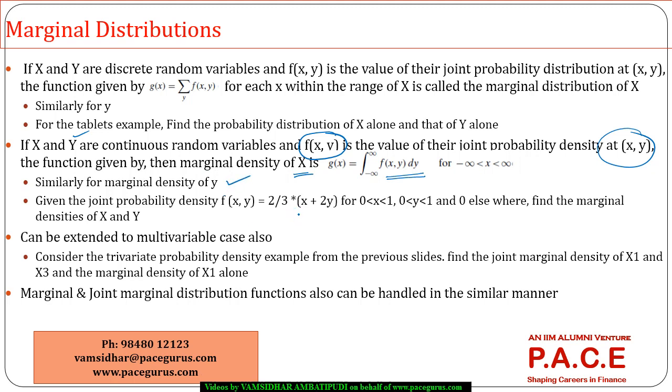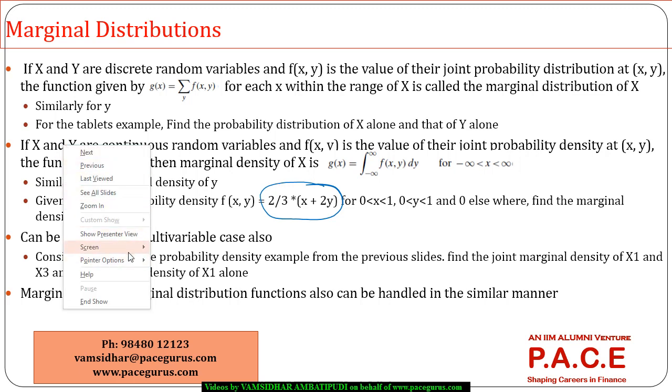So just for an example, you can take this. f of xy is 2 by 3 times x plus 2y, where x is between 0 and 1, y is also between 0 and 1. I want to find out the marginal densities of x and y. So let me take a white screen for this.